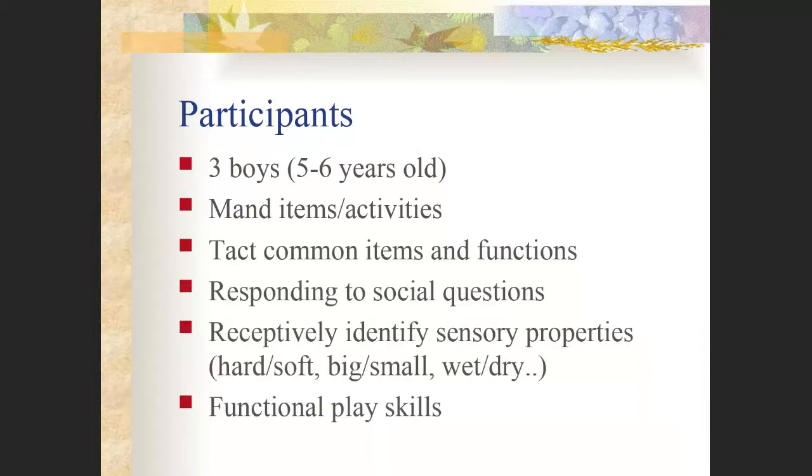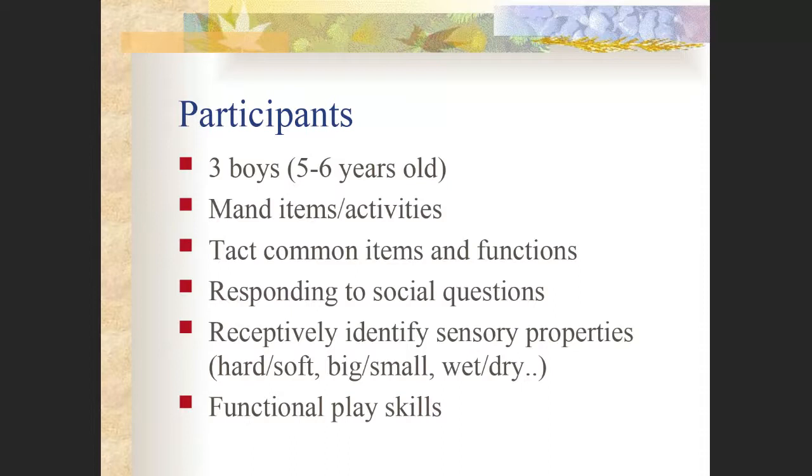All right, in this study, we have 3 participants, and they can request, they can label items and some functions, and they respond to social questions. They couldn't maintain a conversation, so they have limited conversation skills, but they could receptively identify sensory properties like hard, soft, big, small, wet, dry, for example.